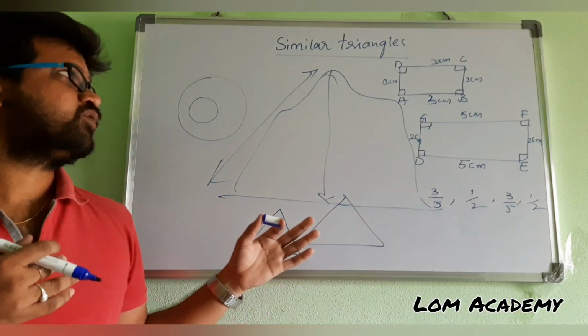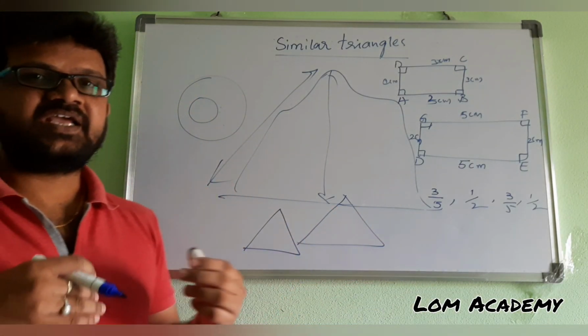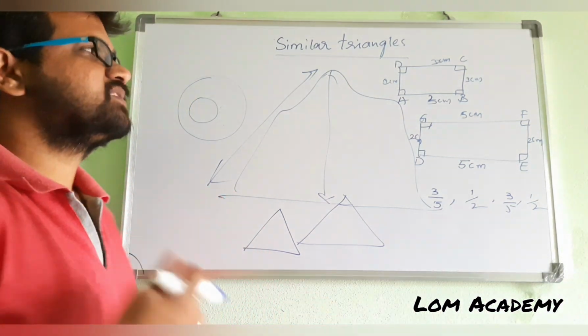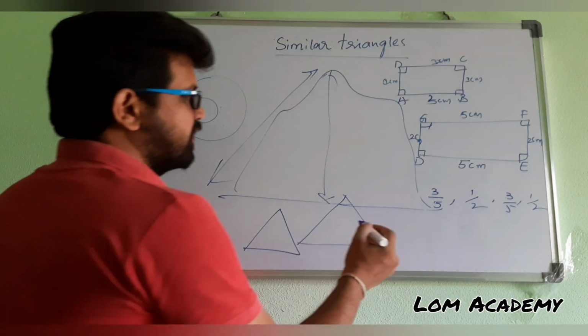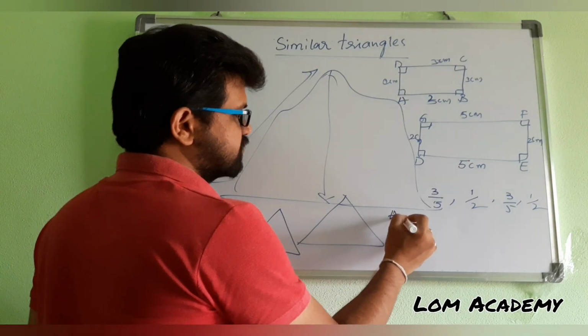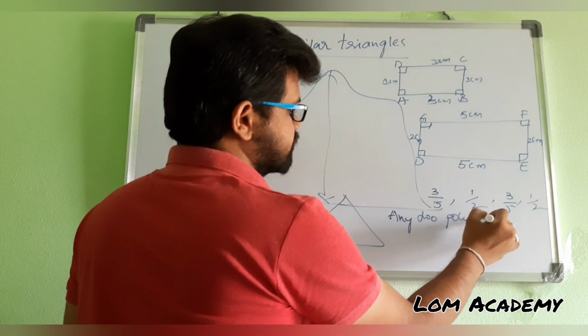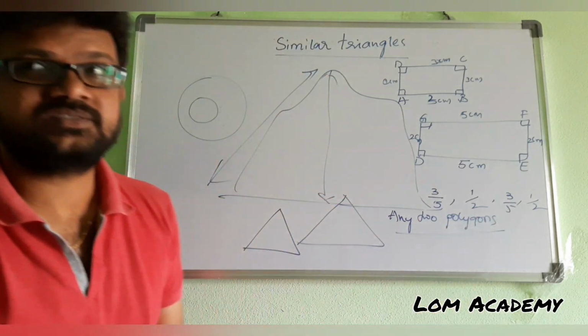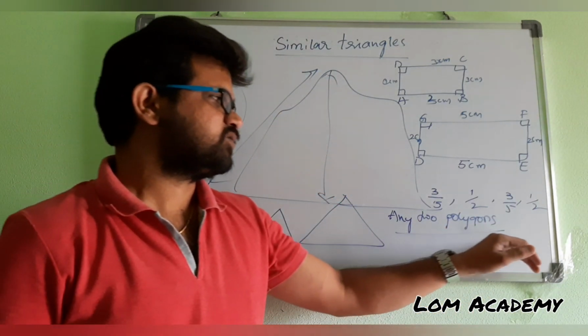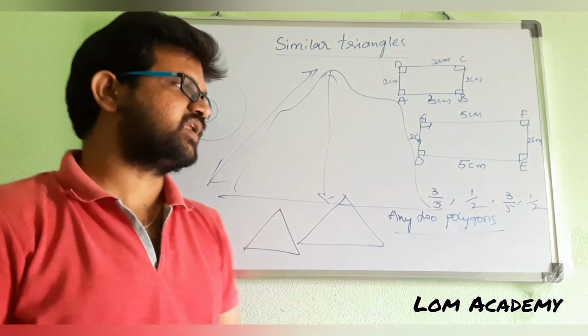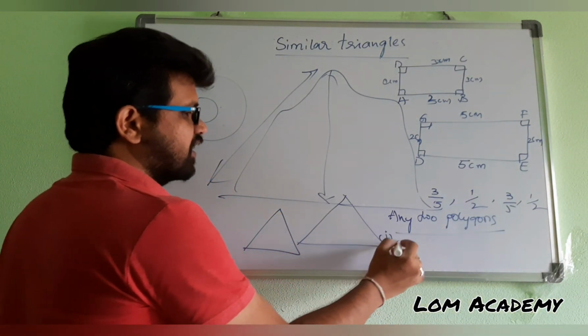So we explained about similar figures. What conditions should be satisfied for similarity? You have to keep in mind that any two polygons, if they are similar, should satisfy two conditions. First one is corresponding angles are equal.